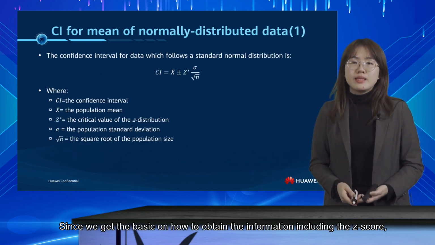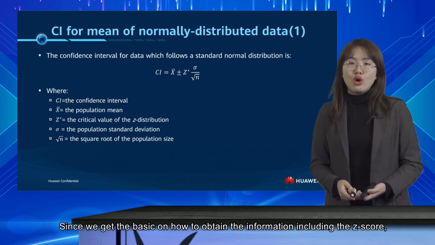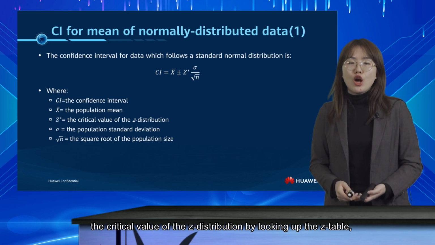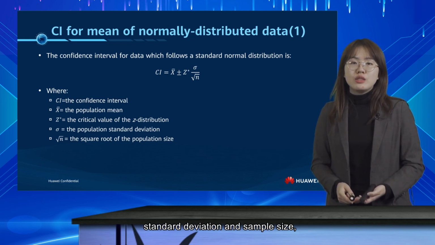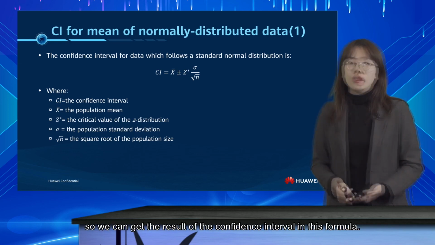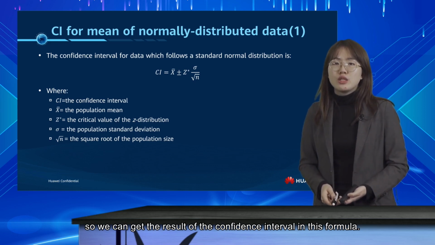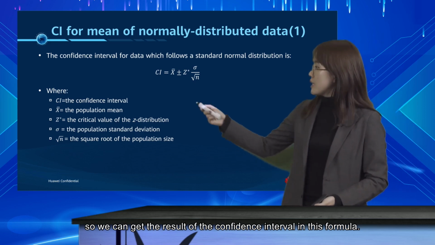Now we have the basics on how to obtain the information, including the z-score, the critical value of the z distribution from looking up the z-table. Also, with the population mean, standard deviation, and sample size, we can get the result of the confidence interval in this formula.